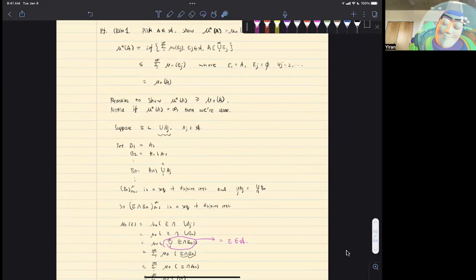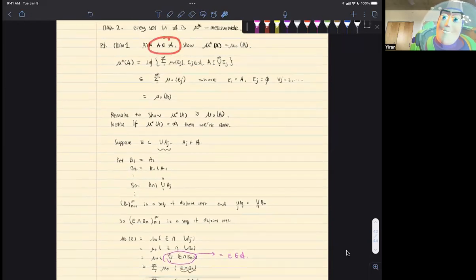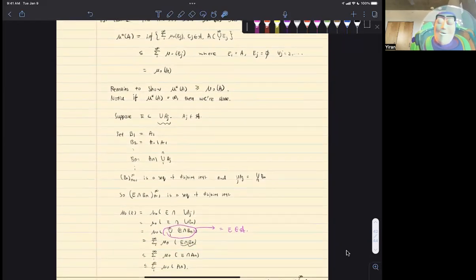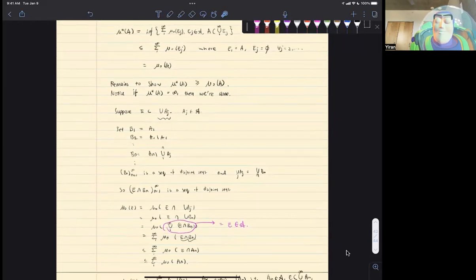Here I use the notation A to denote a set in the algebra, and here I use the notation E to denote a subset of the algebra.